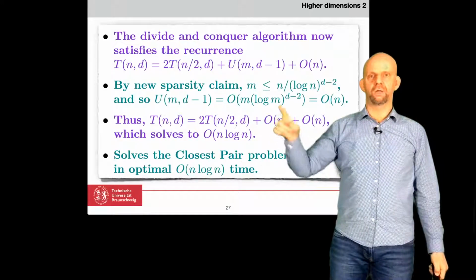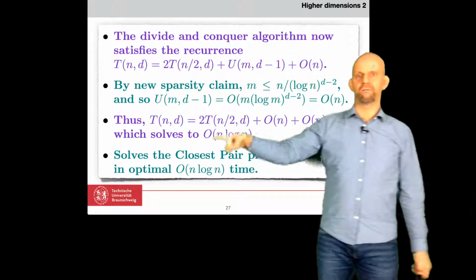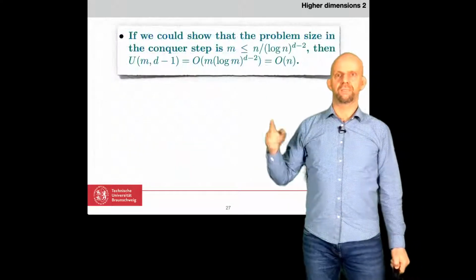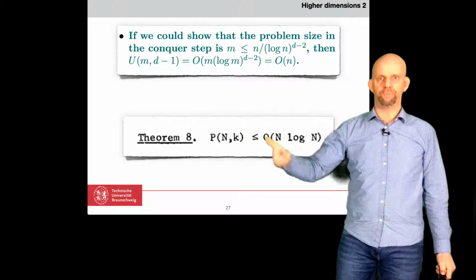So that's no longer n log n or something with a power, but linear again. And then of course you get this, and that's exactly the theorem in the Bentley and Shamos paper.